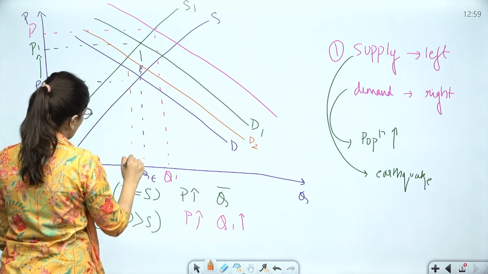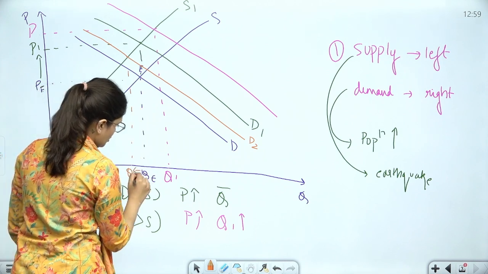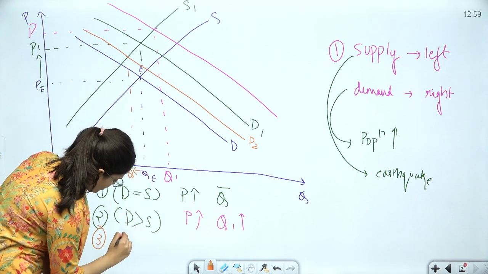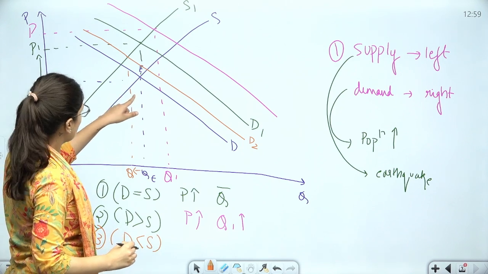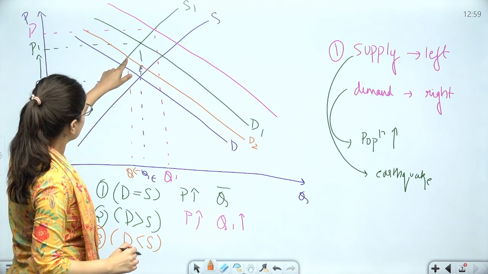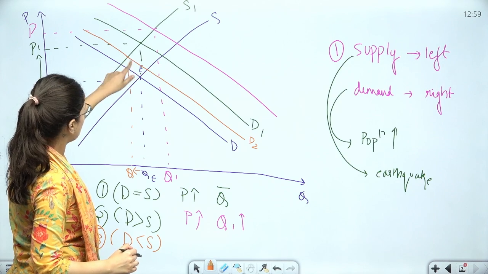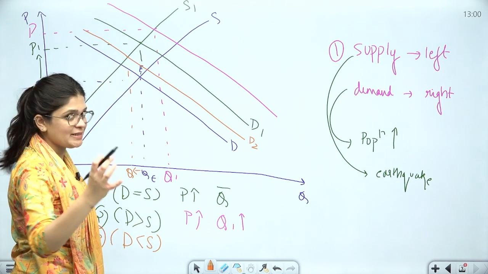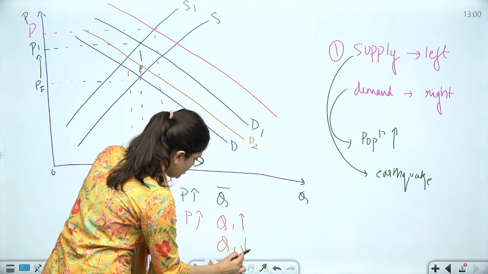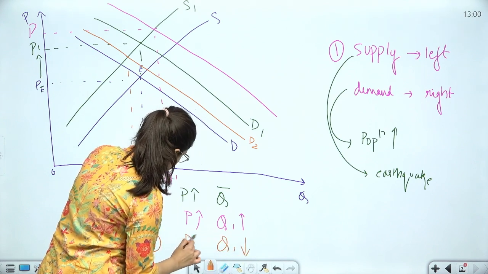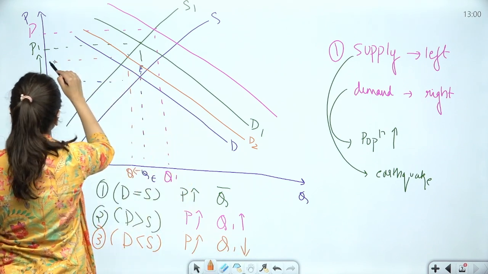In this case, the quantity will decrease. Okay, so demand is changing less than the supply. It means that supply is changing more. It means supply is less and demand is also less. So in this case, quantity demanded will be less. Okay, and price will still increase at this level.